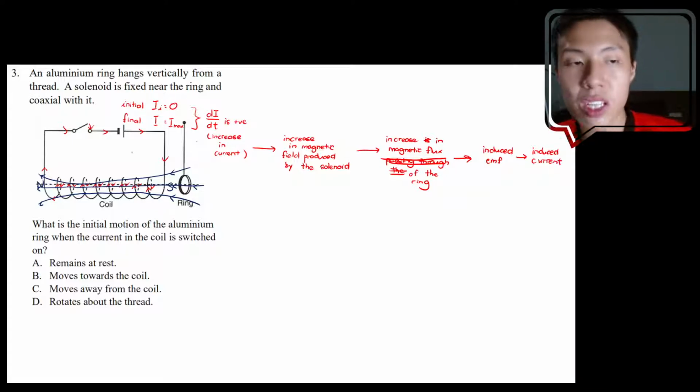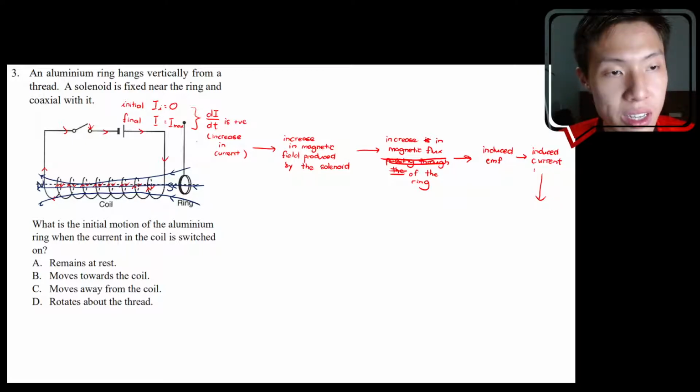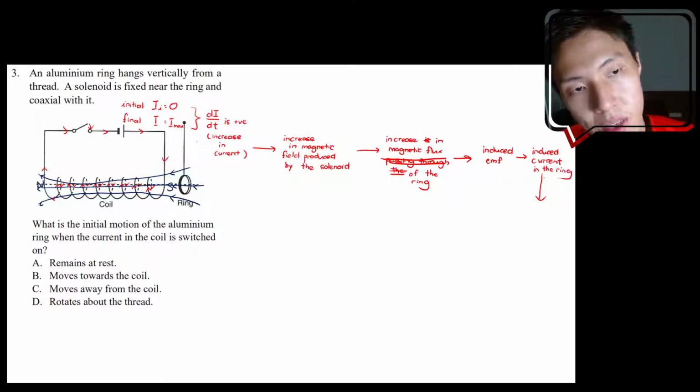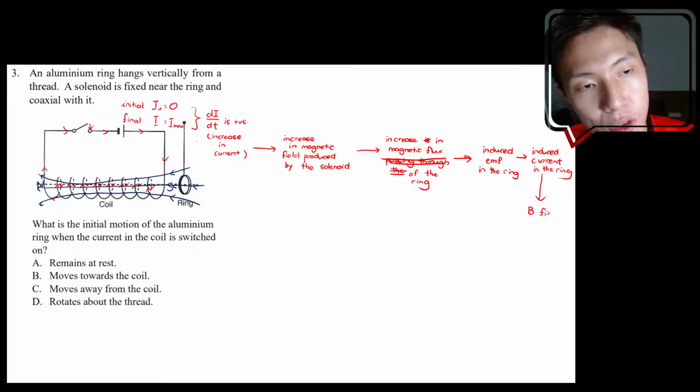So the induced current is flowing in the ring. Because there's induced current in the ring, there will be a magnetic field produced by the ring.